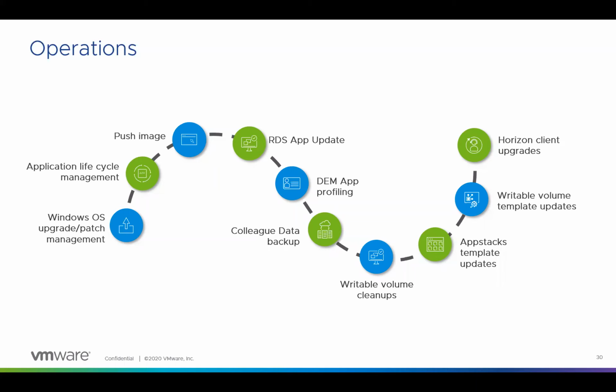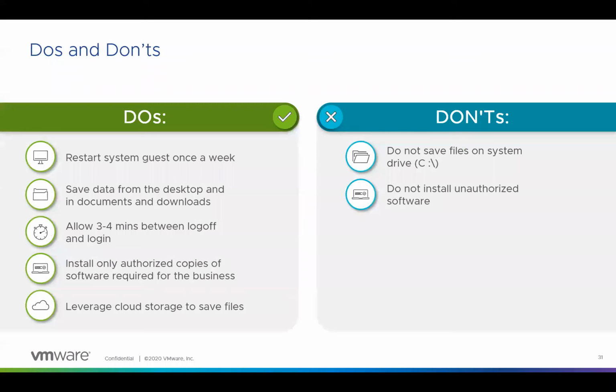Also, after doing all of this deployment and operations, from our experience we found that some do's and don'ts are good to have. We tell our colleagues not to save anything on the C drive and keep everything on OneDrive, or always keep it on the desktop or My Documents, because it has been redirected.